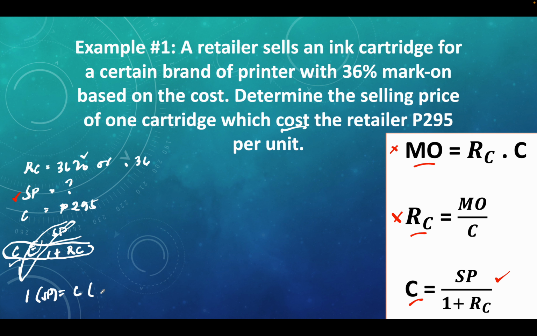So 1 times selling price is equivalent to the selling price, equals C times 1 plus rate based on cost.